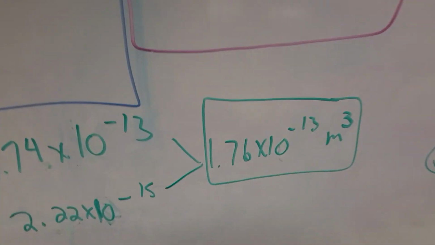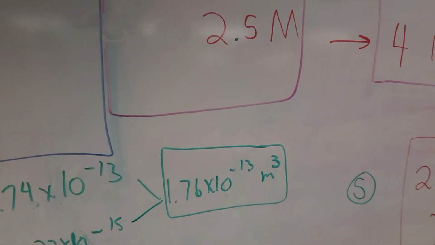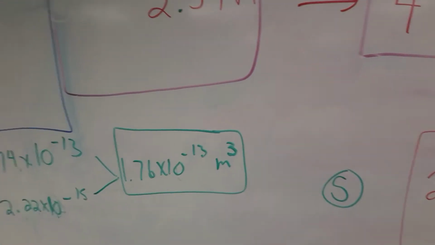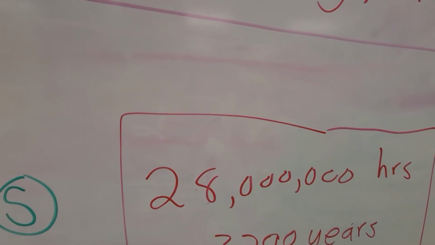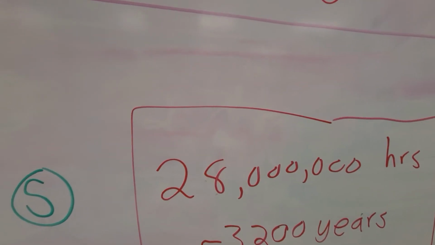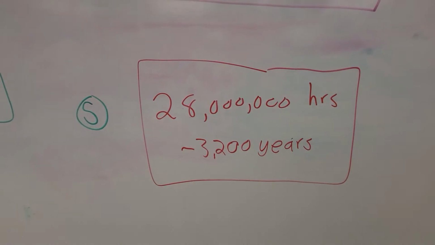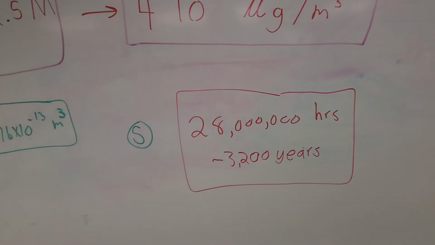And I figured out how many of those, that's how many per hour, goes into a teaspoon, and my calculator, oddly enough, literally gave me exactly 28 million. I think my calculator was probably rounding. These numbers are starting to get too tiny. So 28 million hours, or about 3,200 years, to get about a teaspoon of this in your lungs.